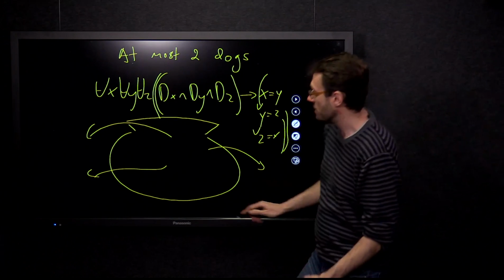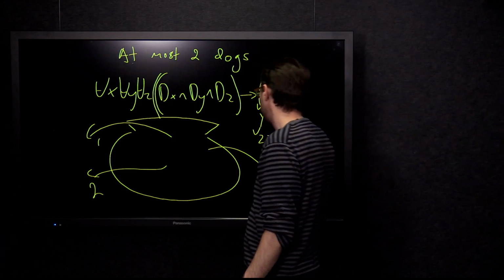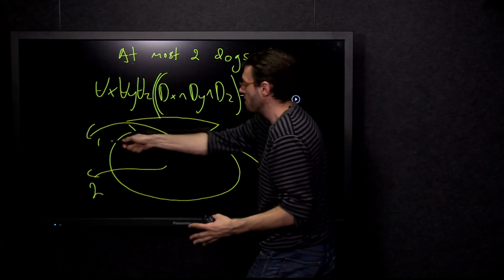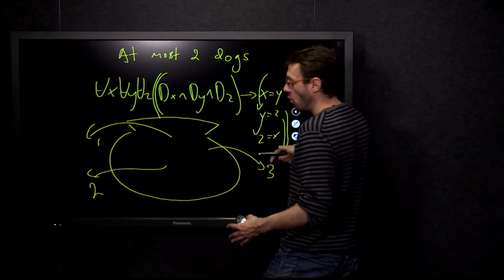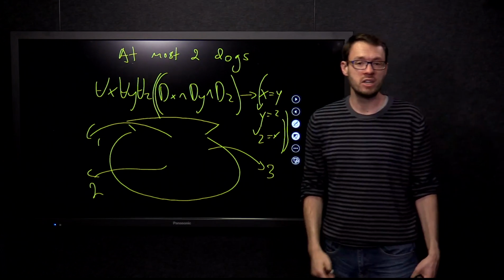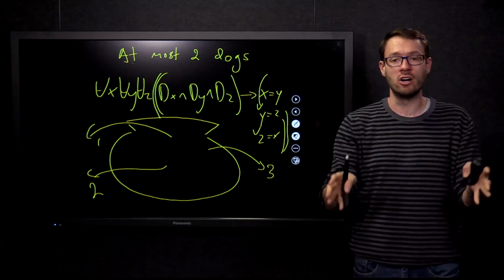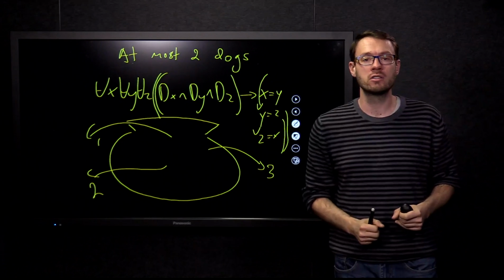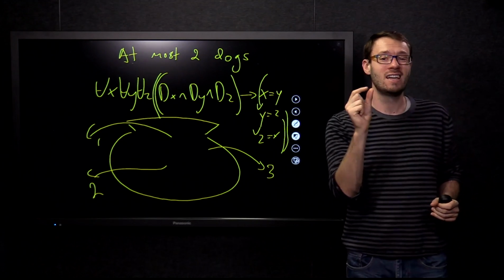What it's then saying, so here we've got first pick, second pick, and third pick, is that either these 2 picks are the same dog, or these 2 picks are the same dog, or these 2 picks are the same dog. Which is to say that, yes, we can pick 3 dogs, but for any 3 picks that we make, where all of those picks are dogs, at least 2 of those dogs are the same dog.